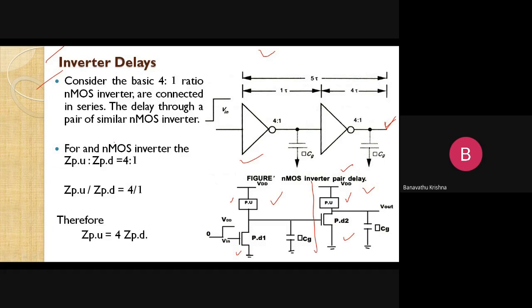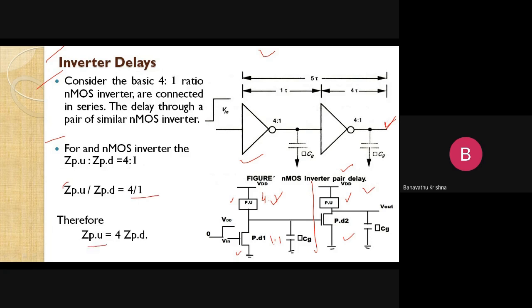For the NMOS inverter, the Z pull up to pull down ratio is 4:1. Here 1:1 is the pull down transistor and the other is the pull up transistor. Therefore Z pull up by Z pull down equals 4/1.